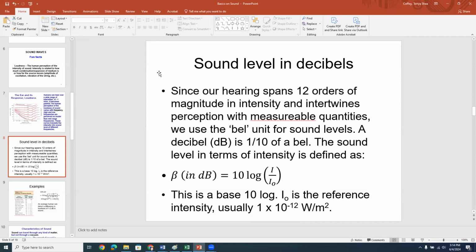So we define the sound level in decibels as beta equals 10 times the log of I over I naught. Here, I is the intensity of the sound, and I naught is a reference intensity, which is usually 1 times 10 to the minus 12 watts per meter squared, or the threshold of hearing. And then we multiply that times 10, okay?